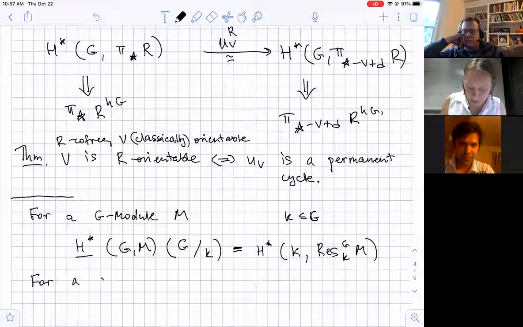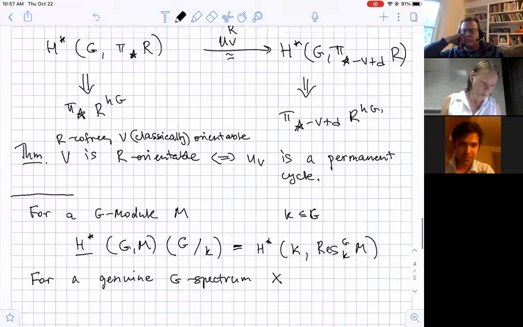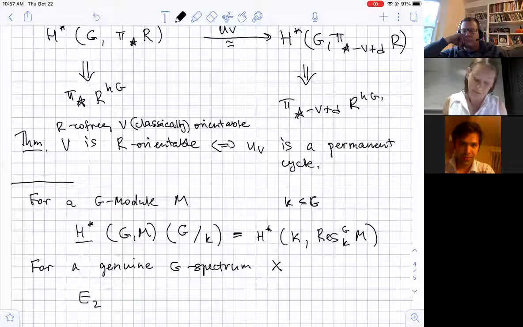Now, if we have a genuine G spectrum, the homotopy fixed point spectral sequence is a spectral sequence of Mackey functors. And I'm going to write it down.